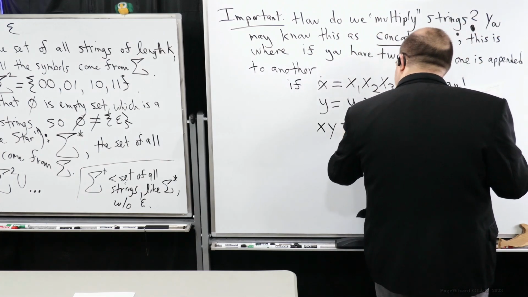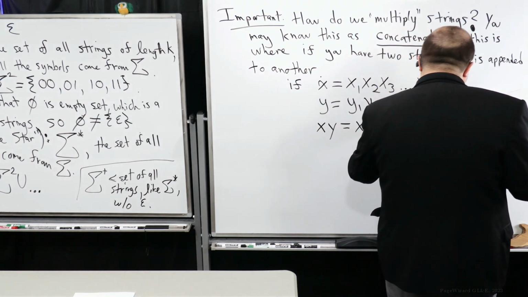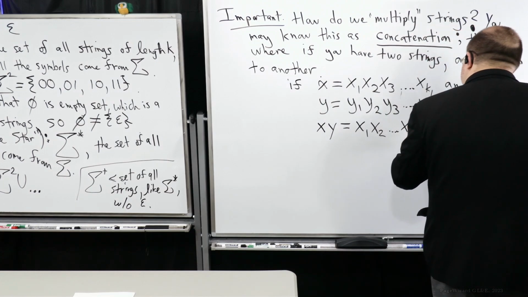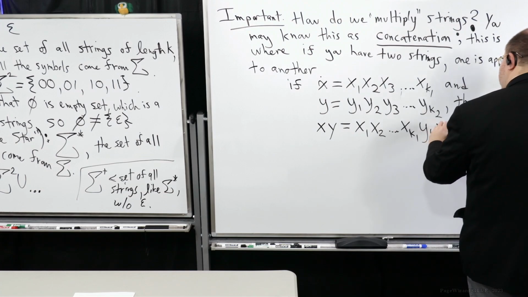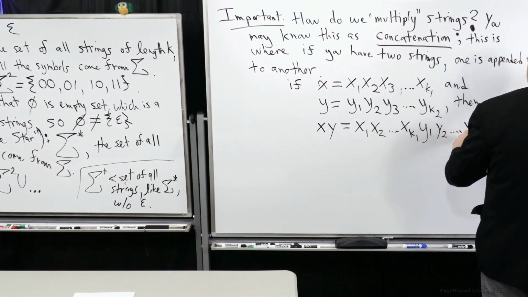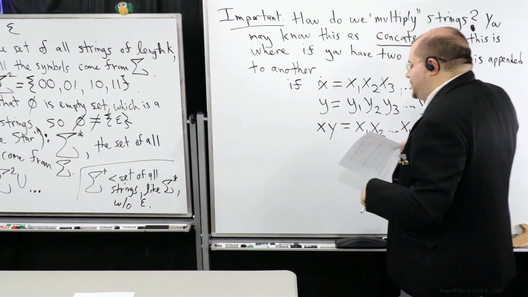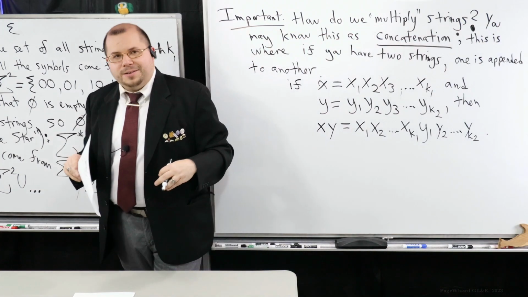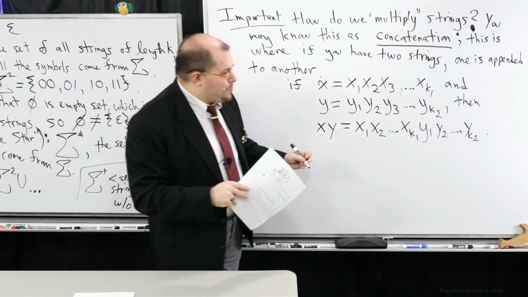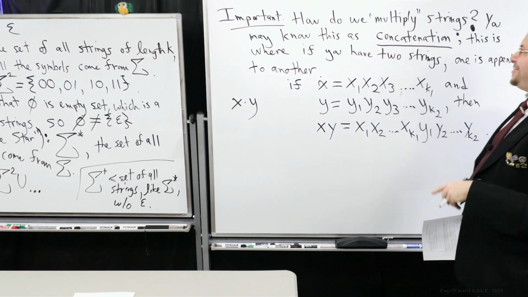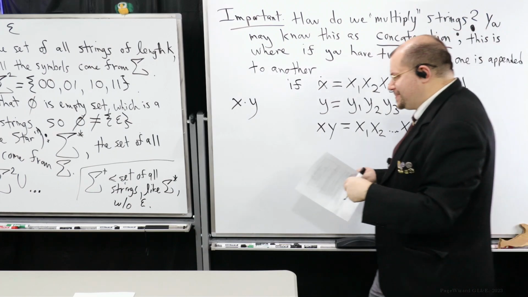This is equal to x1, x2, and so on up to xk1, and immediately after xk1 is y1, y2, all the way up to yk2. So that's what xy would look like. Sometimes people will write x times y like this, hence why I say it's like multiplying.